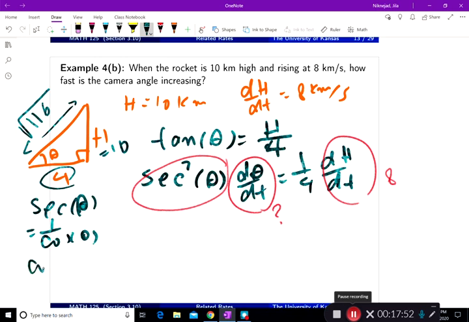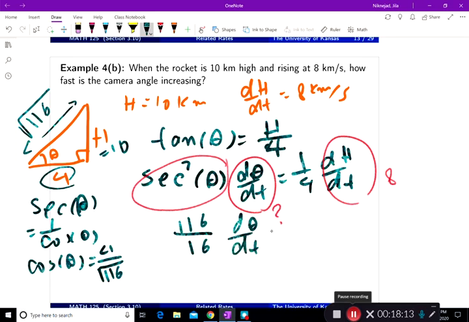So cosine theta is going to be 4 over square root of 116. And then secant squared theta is going to be the reciprocal of that. So I get 116 over 16 d theta dt equal to 1/4 times 8. And then I calculate.